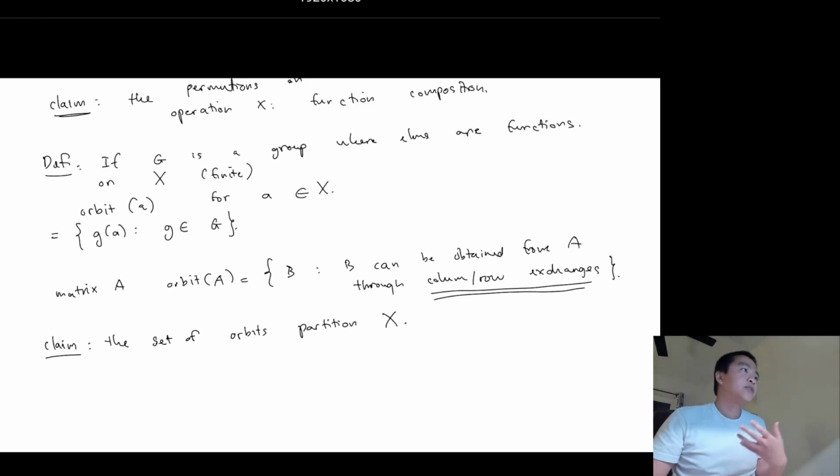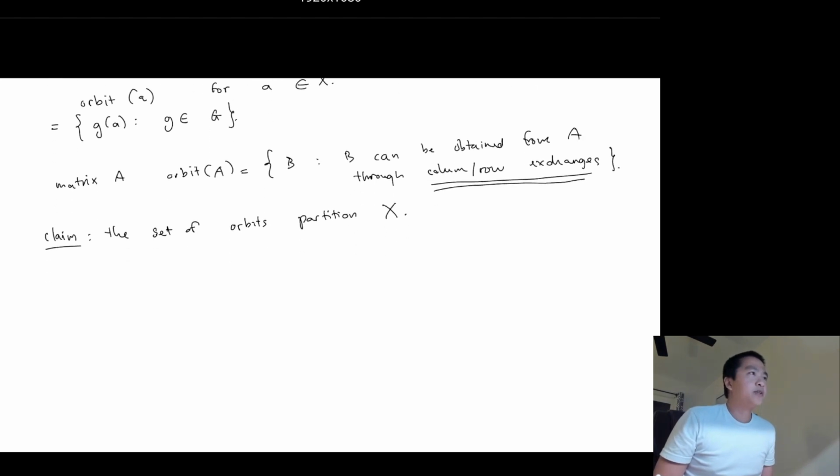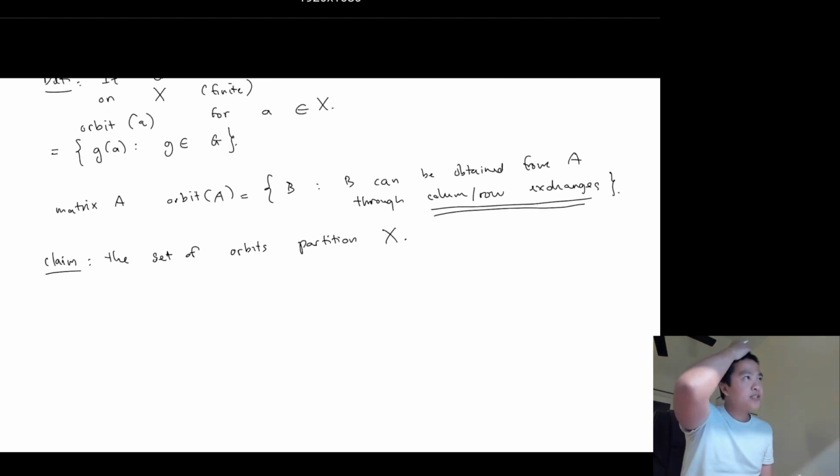So the set of orbits partitions X. Think about what it means.